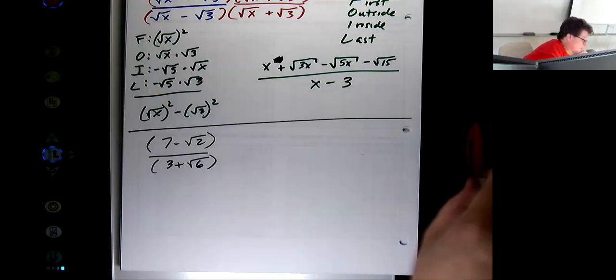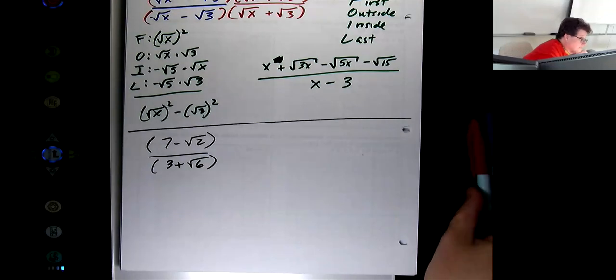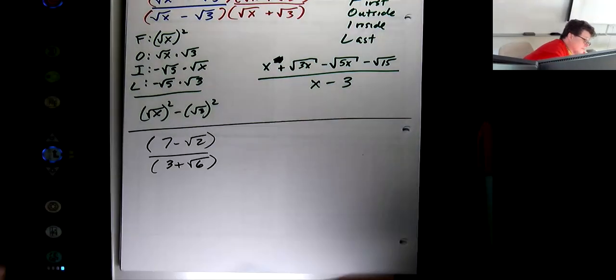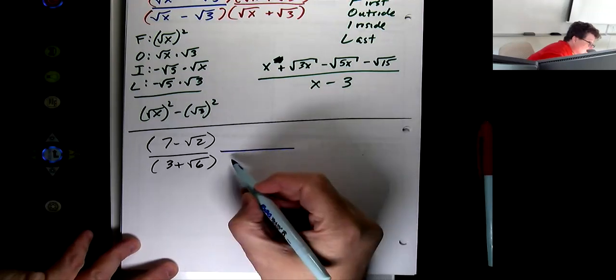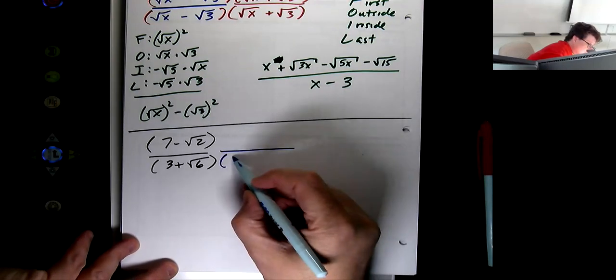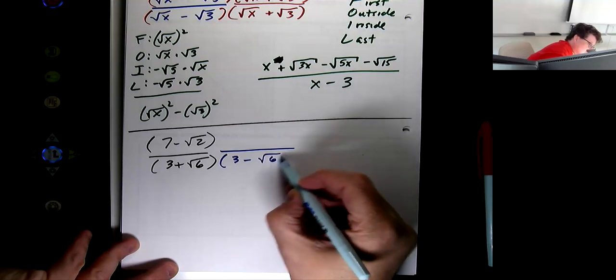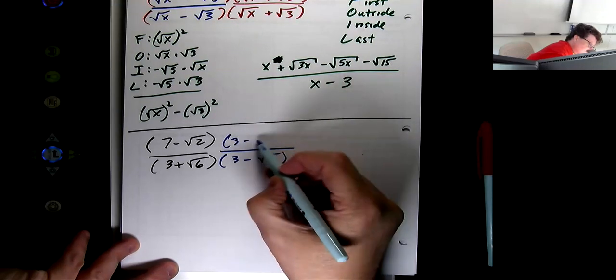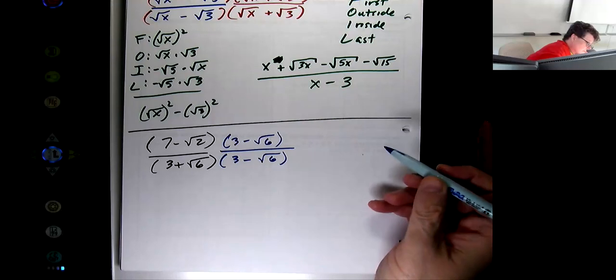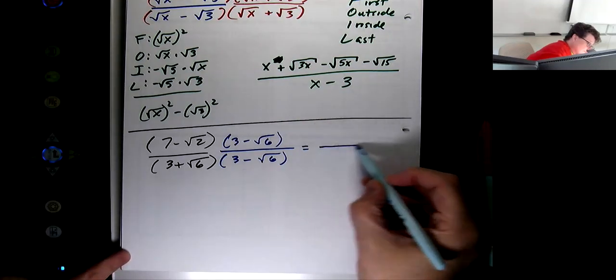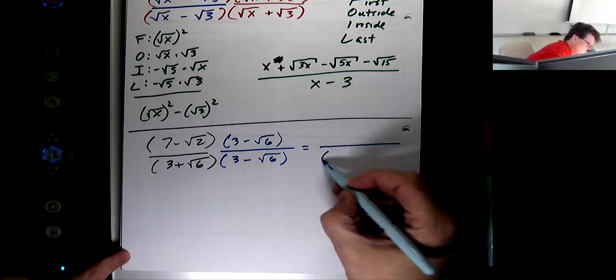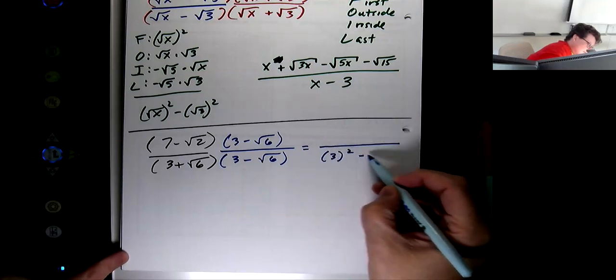Alright, so what did we do here? It's 3 minus square root of 6. So the bottom should be the first thing squared minus the second thing squared.